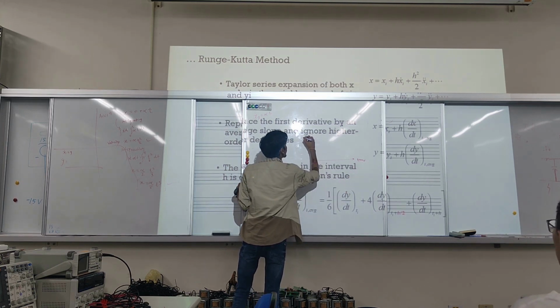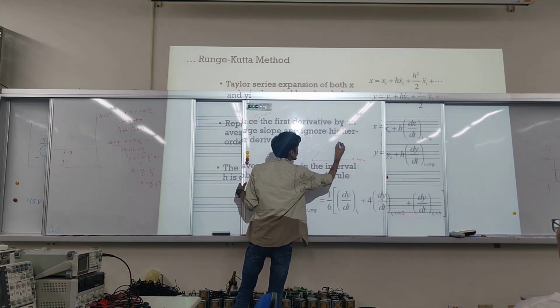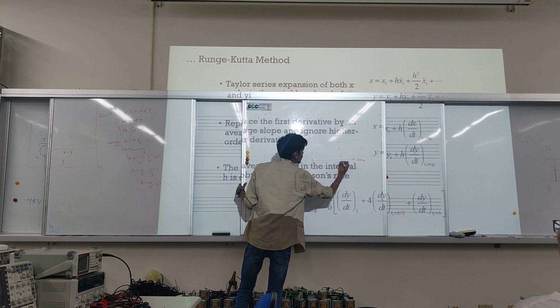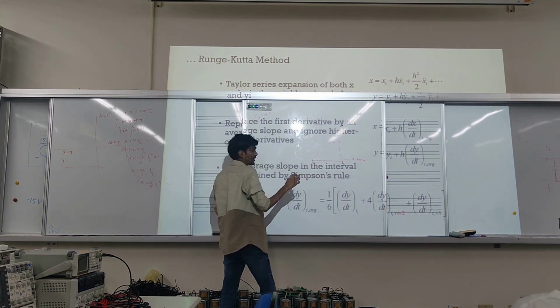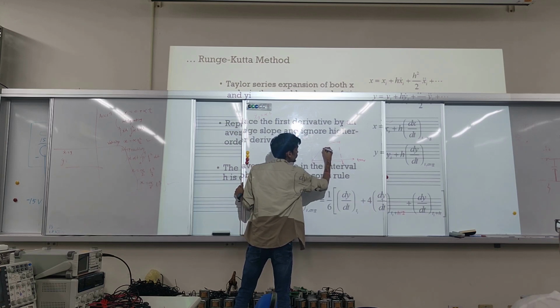Suppose the function sin x, for any time step of h. Then we are dividing it into the first step, the middle step, and the last term at h, and the middle is at h by 2.